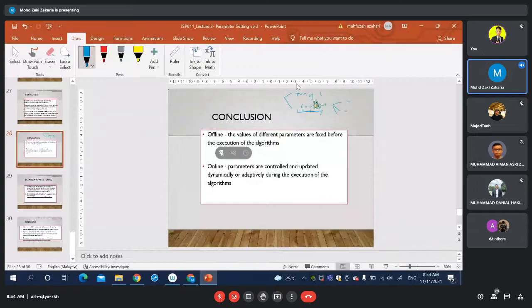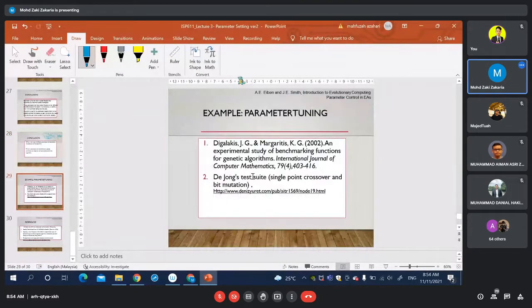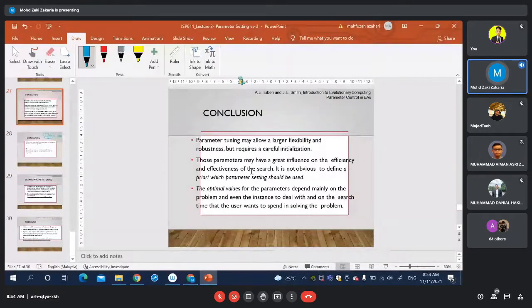Tuning by experiment, control by machine. Machine means we need to do programming to control the machine. Okay, so that's all for this topic, parameter tuning.